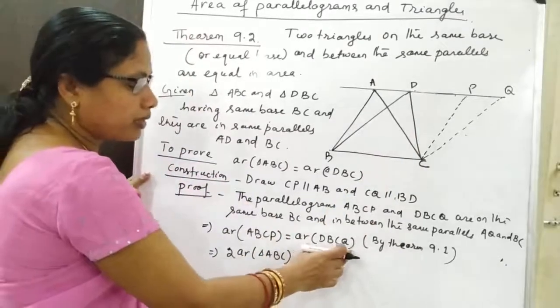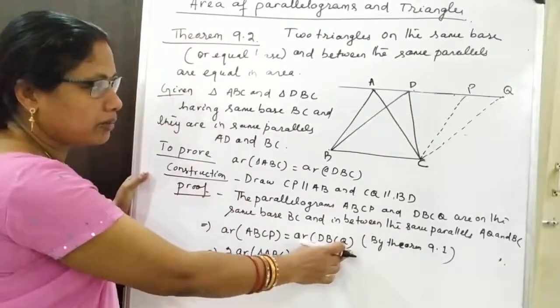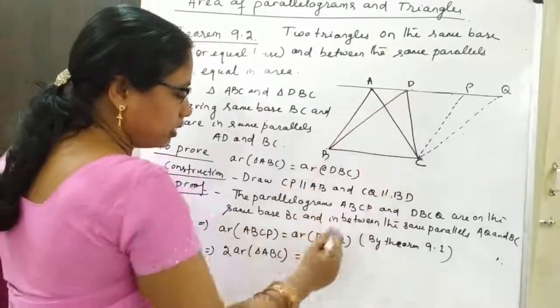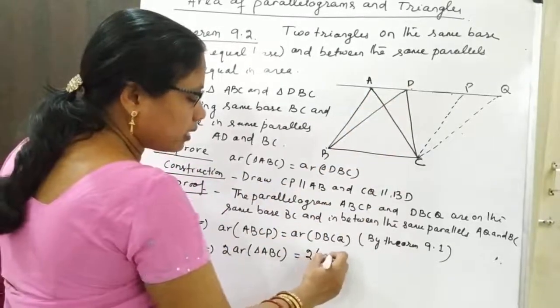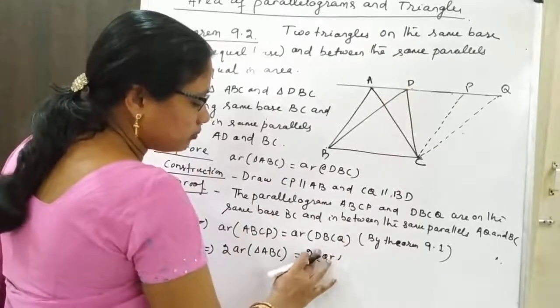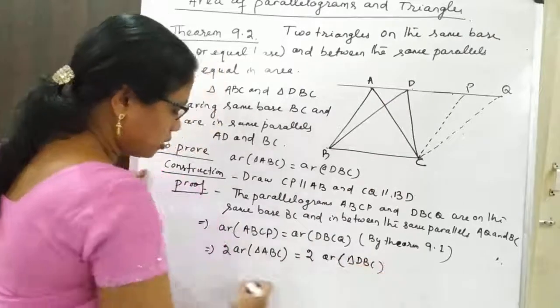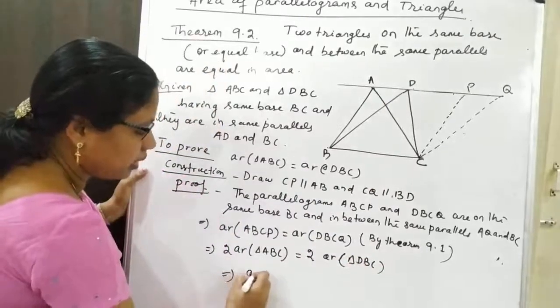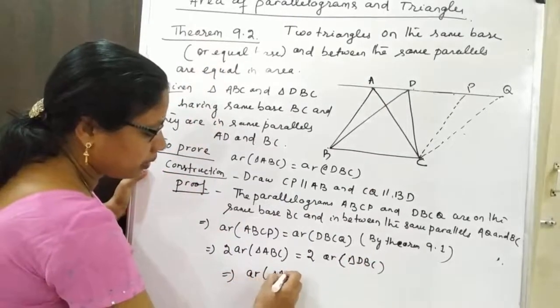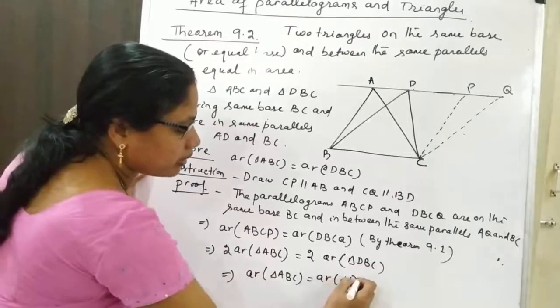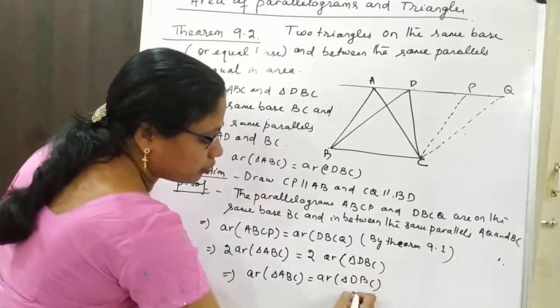So area of parallelogram DBCQ is equal to twice the area of triangle DBC. So this implies area of triangle ABC is equal to area of triangle DBC. Proved.